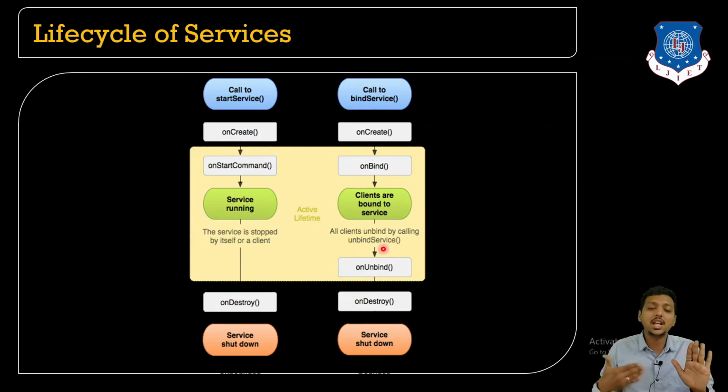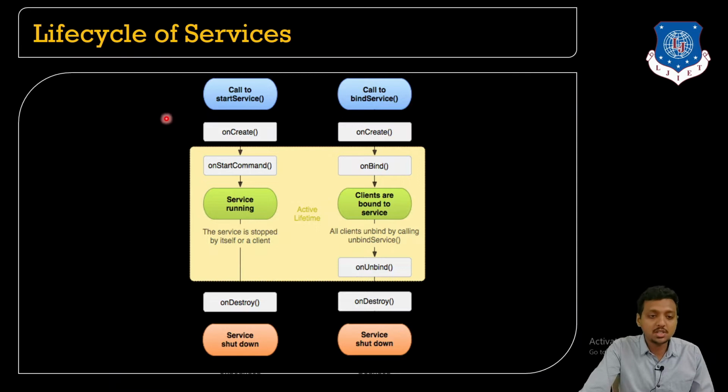Now one client does not want to use that service, then it will call the unbind method. So the unbind service method is called and you can easily release the resources. Now on unbind, each and every client gets destroyed, or I can say releases the resources, and the onDestroy method is called. Now the service gets destroyed, and the last one is the service gets shut down.